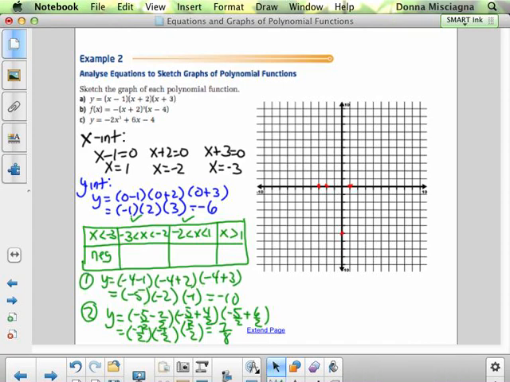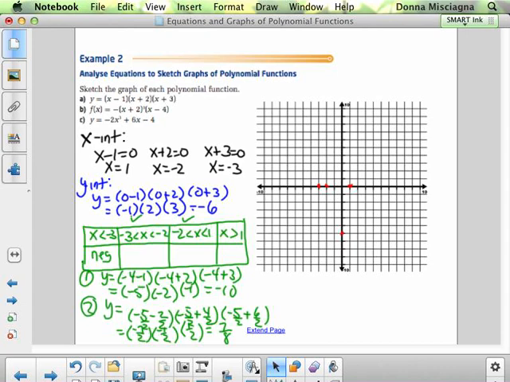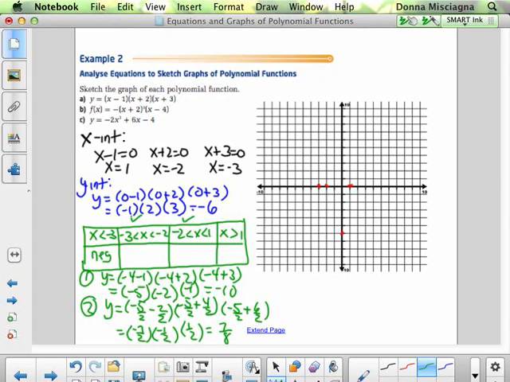Let me move that up just a little bit so you can see that better. Oops, too high. There, now I think you can see that better. So negative 7 halves times negative 1 half times 1 half is just going to be a positive 7 over 8. So that is above the x-axis, so we are positive here.